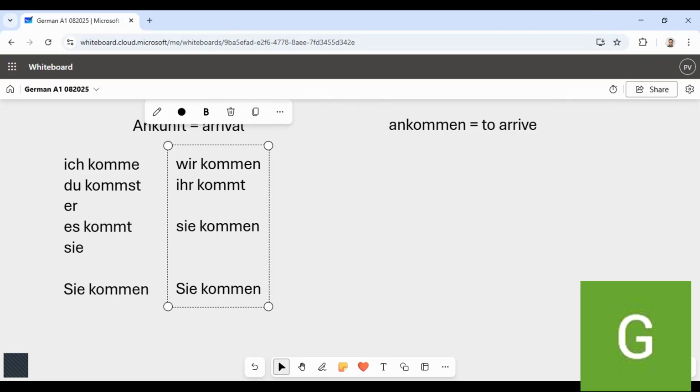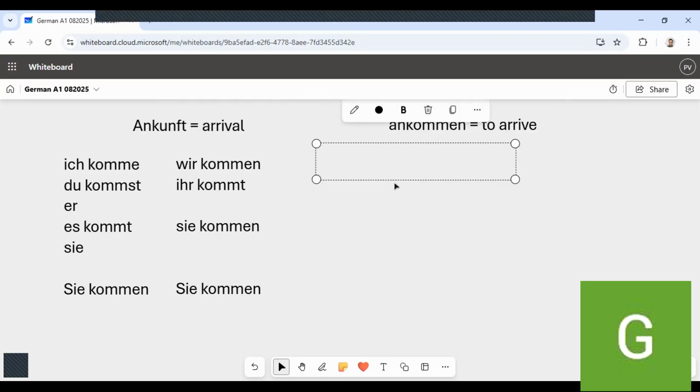Suppose I want to frame a sentence that the flight will arrive at 4 o'clock. How can you make a sentence? The flight will arrive at 4 o'clock.